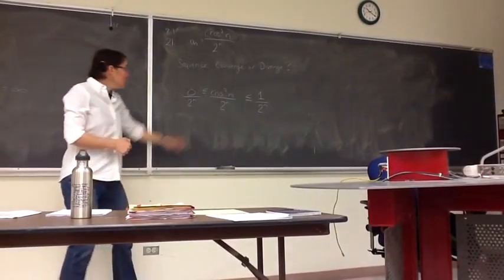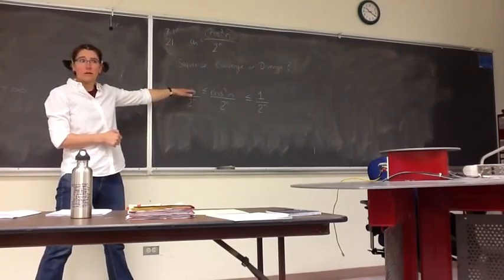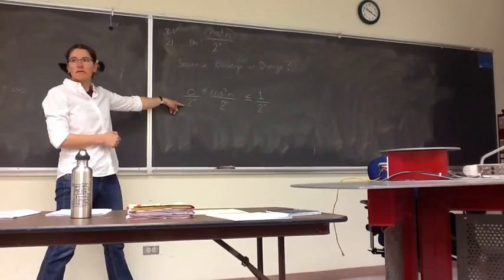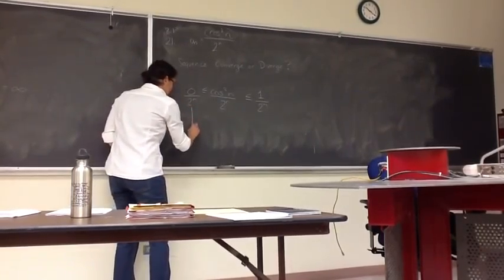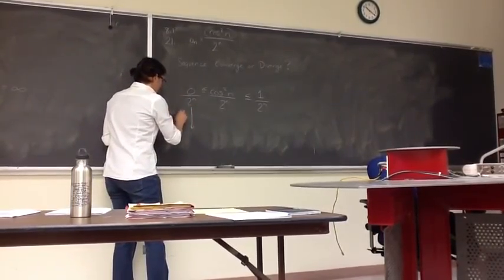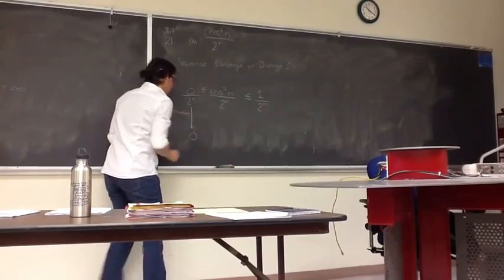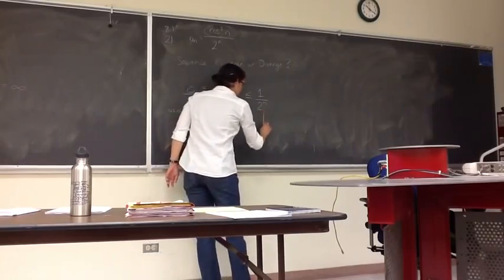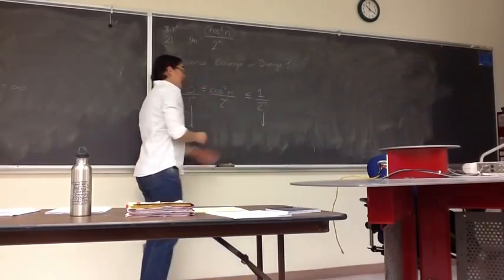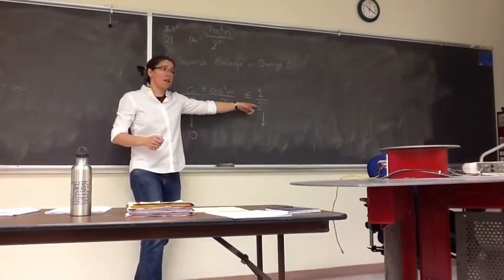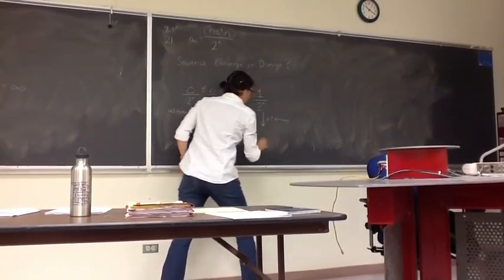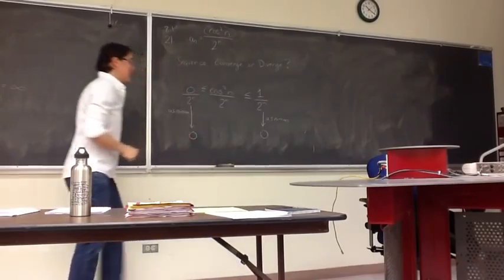Okay, so let's talk about it with the 0 on here and see what happens. So as n gets really big, 0 over 2 to the n still stays at 0. So as n goes to infinity, 0 over 2 to the n goes to 0. And as n goes to infinity, 1 divided by a very large number is very tiny, and so 1 over 2 to the n goes to 0.